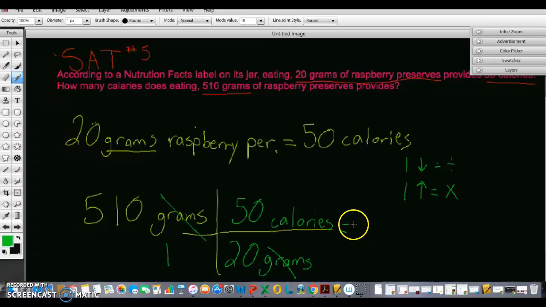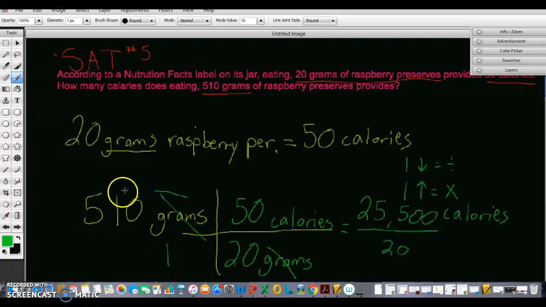So it's going to be 510 times 50. You put that in the calculator. 510 times 50. That is 25,500 calories, because that's what's left, the unit that is left, divided by 20.